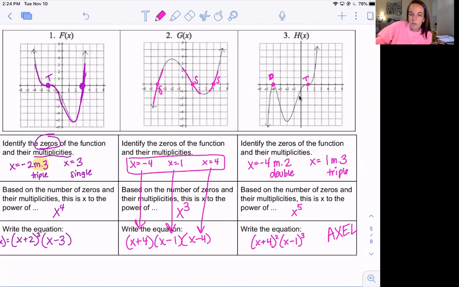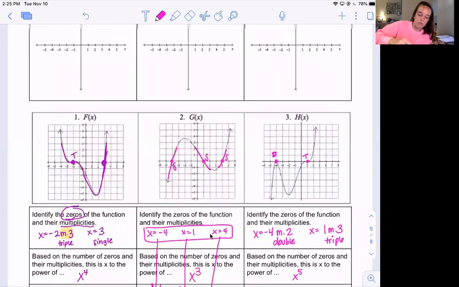And if it's coming towards it and then flattens out and then goes up, that's a triple. So the triple means 3, so that's the exponent 3, and double means 2, so that's the exponent 2. And you don't need to do it for a single, it'll just be 1. So you don't need to write that one. Amazing question.